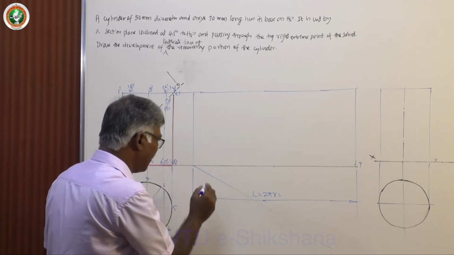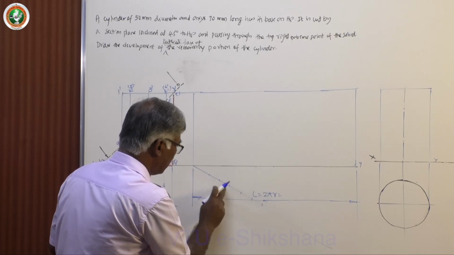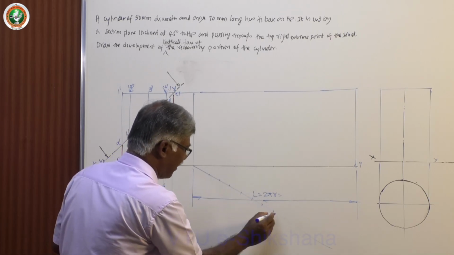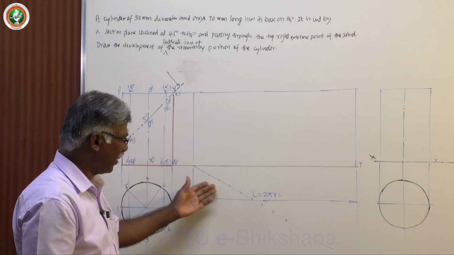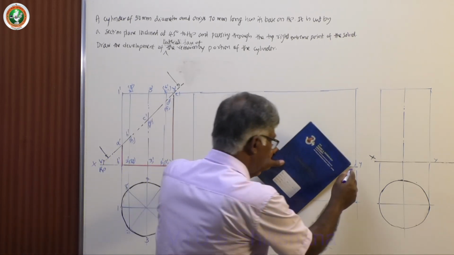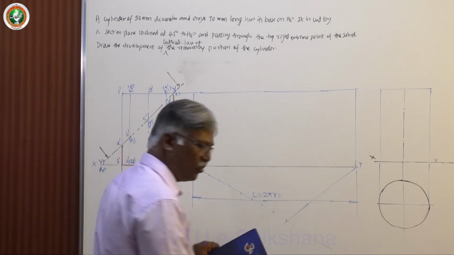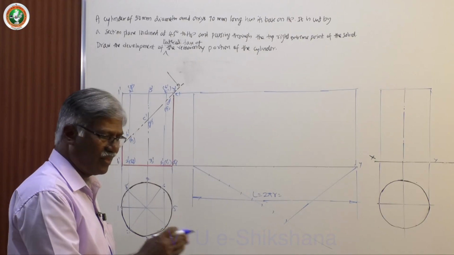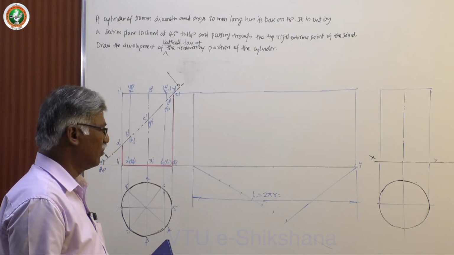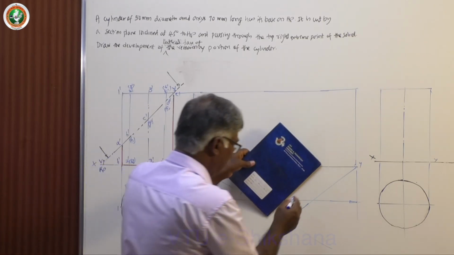Approximate to that value you take and then draw the number of points: 1, 2, 3, 4, 5, 6, 7, 8. Equal number of points. Then join this to, okay, using rotoscale or mini drafter, whatever. Because you are not using mini drafter nowadays, you can use rotoscale and draw this.